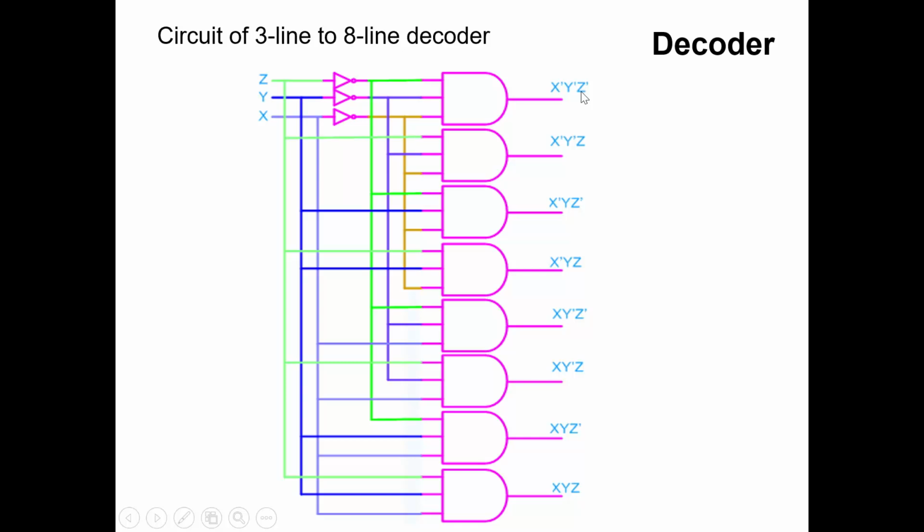For D0, we have X complement, Y complement and Z complement at the output. Similarly, when X is 0, Y is 0 and Z is equal to 1, we have D1 at the output. When X is 0, Y is 1, Z is 0, we have D2 at the output.